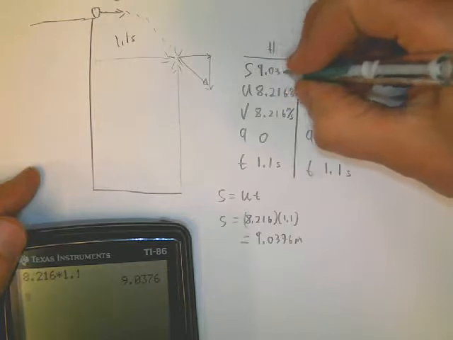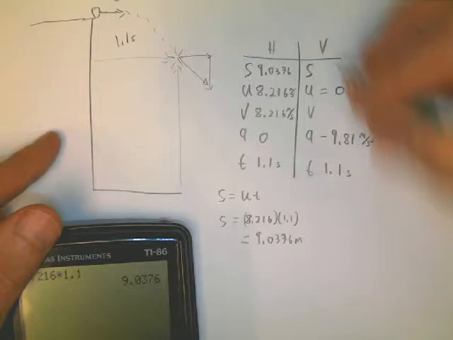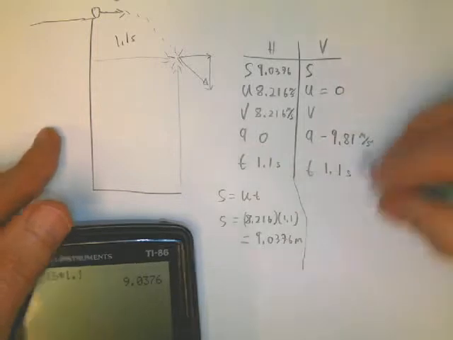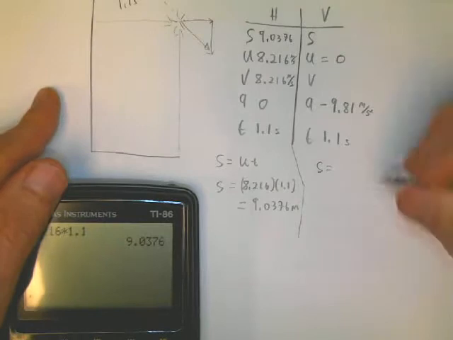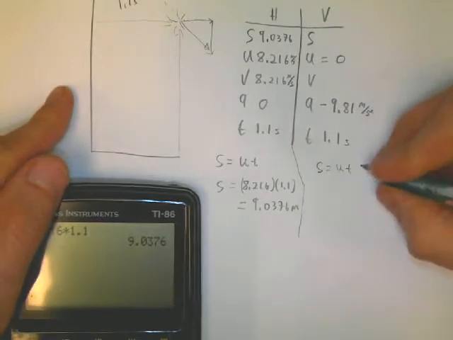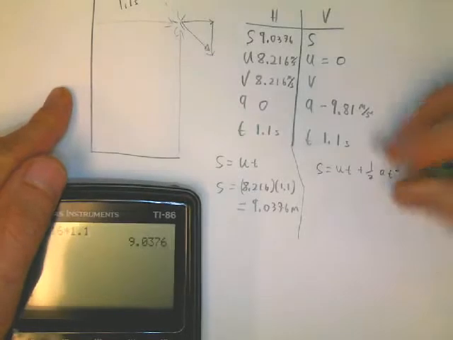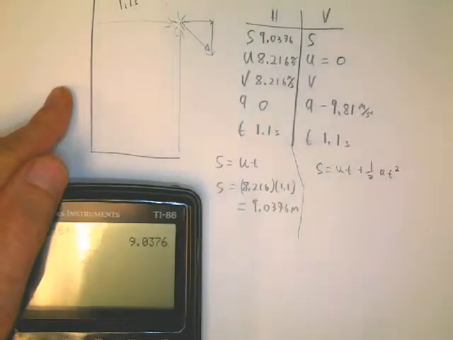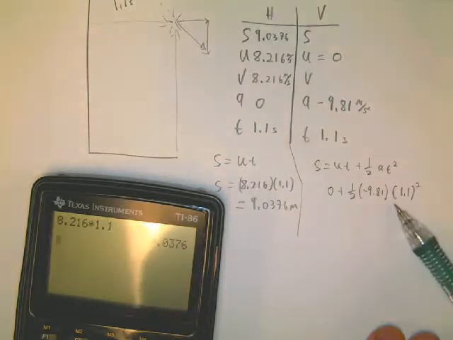And then here we can solve for the displacement on this side, using s equals ut plus one half at squared. We'll plug in the numbers. That looks like this. And there it is with the numbers plugged in, and when we plug that into the calculator, it looks like this.